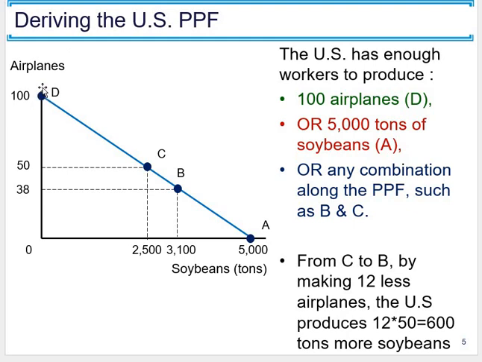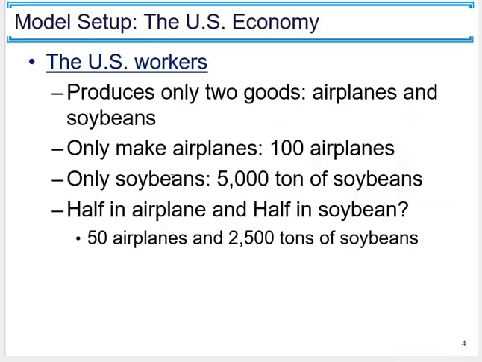If we draw a coordinate plane and put soybeans along the horizontal axis and airplanes along the vertical axis, we can denote the intercept along the y-axis, the airplanes axis, as 100.